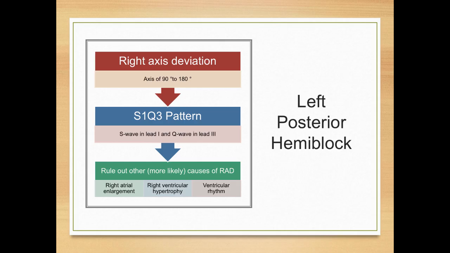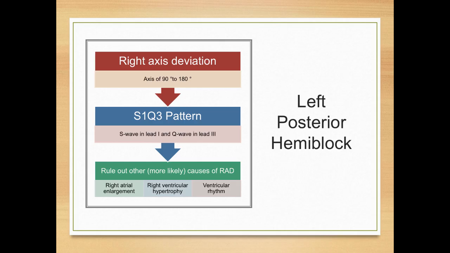We need to rule out the more likely causes of our right axis deviation, and that's atrial enlargements, ventricular hypertrophies, and ventricular rhythms. So if they're in VTAC, treat the VTAC. Don't say they have a left posterior hemiblock. No, they're in VTAC.